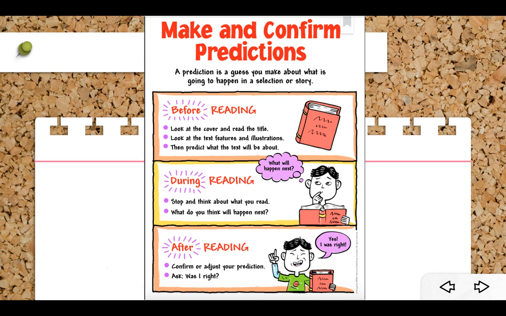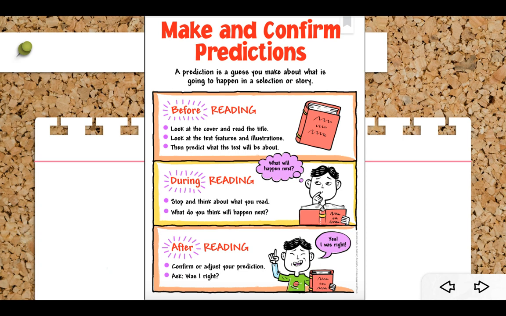Using clues such as the cover of the story or book, you can also read the title of the book. Also, you can look at the text features such as headings or the illustrations or pictures in what you are about to read. After you look at these features, you can make a prediction about what the story will be about. Ask yourself, what will the story be about?